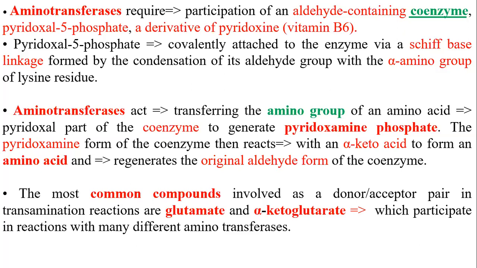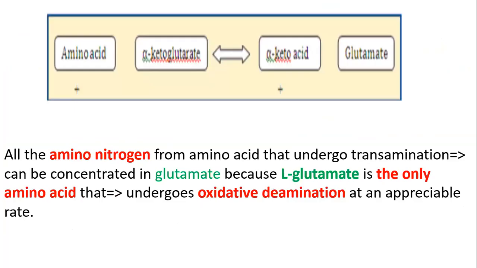The most common compounds involved as a donor or acceptor pair in transamination reactions are glutamate and alpha ketoglutarate, which participate in reactions with many different aminotransferases. Here you can see amino acids react with alpha ketoglutarate, transferring their amino group to alpha ketoglutarate.